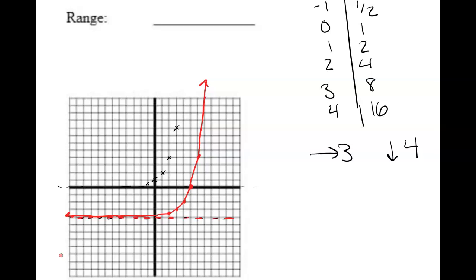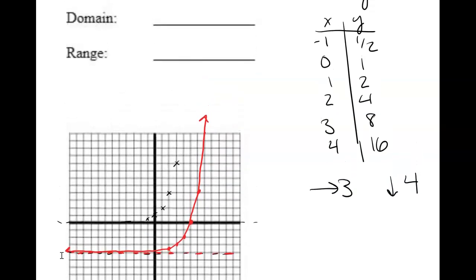Looking at this function, I see that there's not an x that I can't plug in. It's going to give me either a really, really small fraction, or a very, very large number as far as my y goes. So there's no x that I can't plug in and get a y. So my domain in this case is all real numbers, aka -infinity to +infinity.